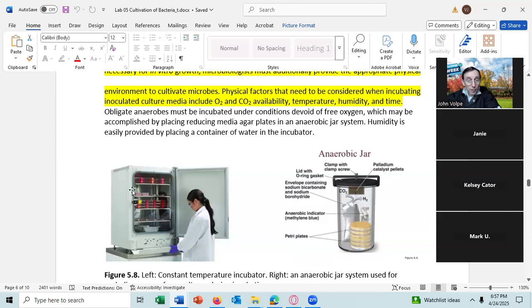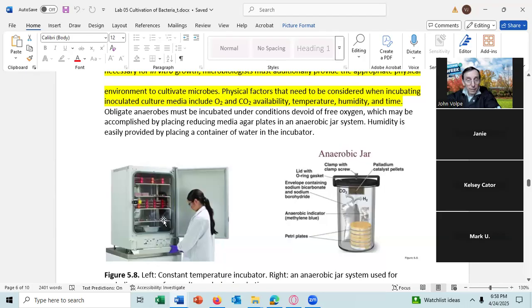This is a much more complex incubator, and it can control the amounts of oxygen and the amounts of carbon dioxide available to the cells. If we were growing an anaerobe, for example, we want to remove the oxygen and then usually put up the carbon dioxide.